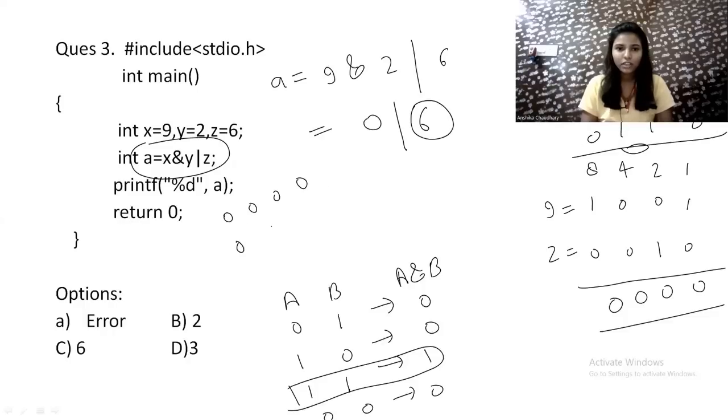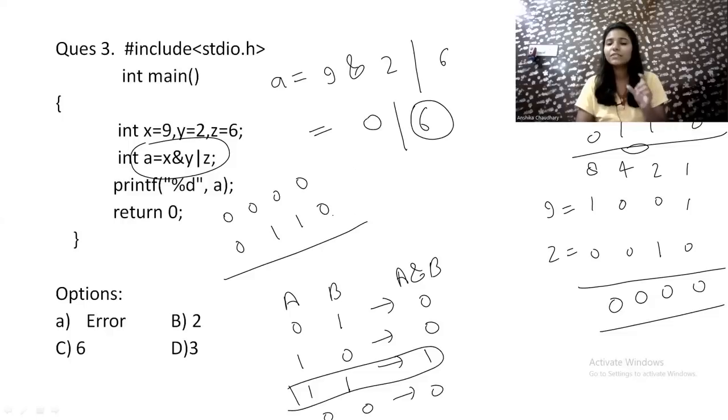So 0 1 1 0. Now we have to perform the OR operation. So what is the funda of the OR operation? The OR operation gives 1 if either of the values is 1. So 0 0 0 0, 1 1 0, and 1 1 0 0 0. So what is it? It is again 6. So the correct output of this is 6.